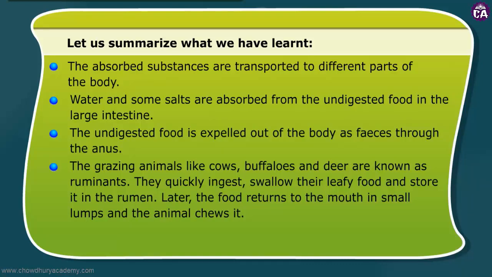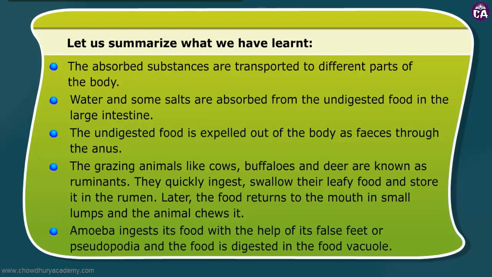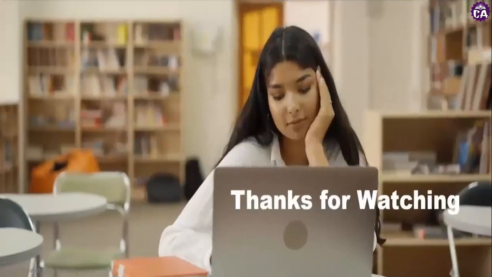They quickly ingest and swallow their leafy food, and store it in the rumen. Later, the food returns to the mouth in small lumps, and the animal chews it. Amoeba ingests its food with the help of its false feet or pseudopodia, and the food is digested in the food vacuole.